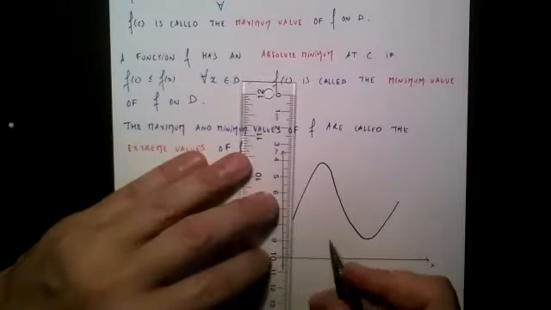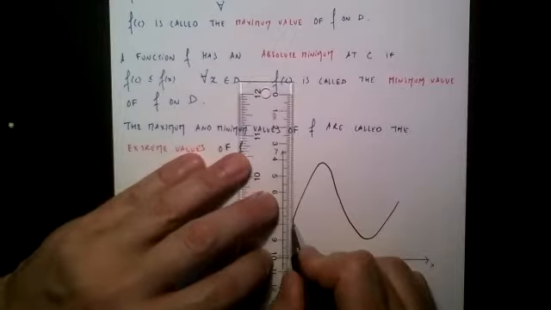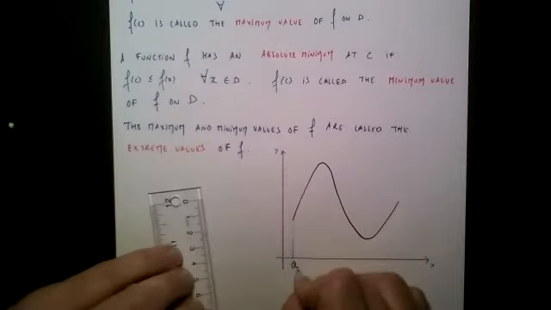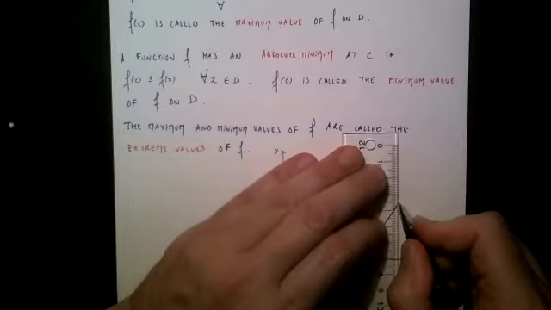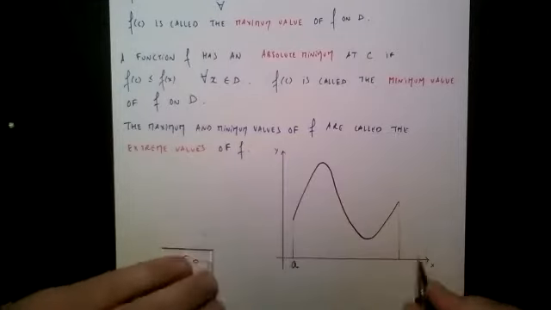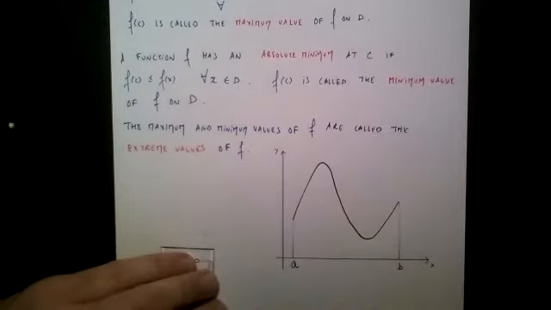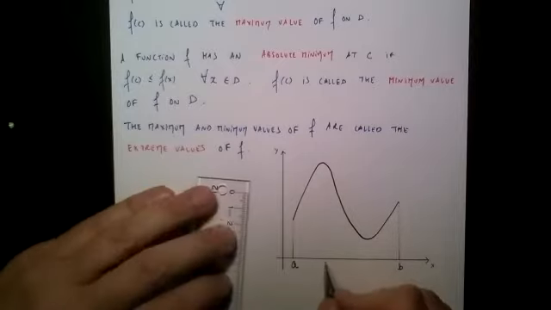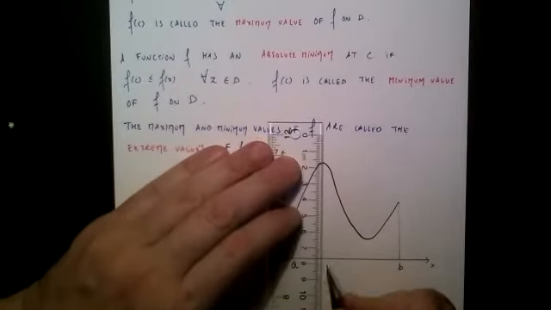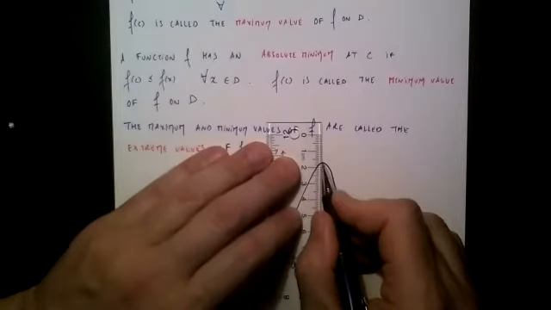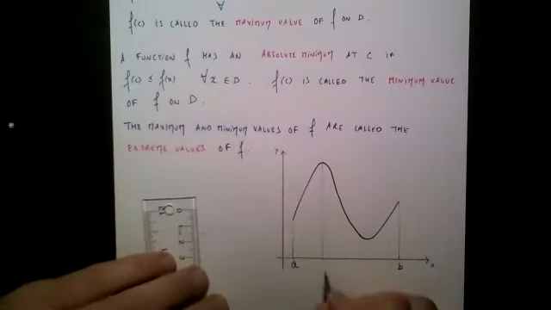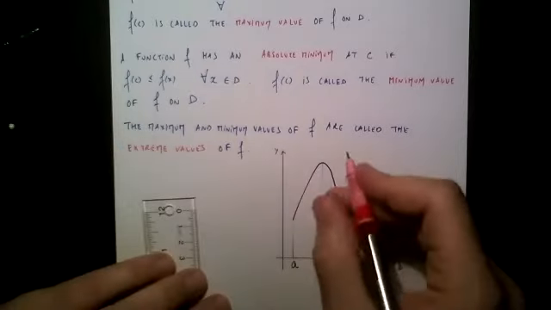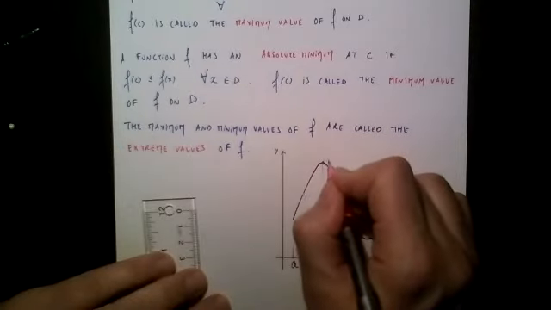Okay, so it's defined, the function is defined from A to B. So let's say this is A and this is B. Okay, so there's a certain value here. I'm going to call this value C1, where the function reaches a maximum value.